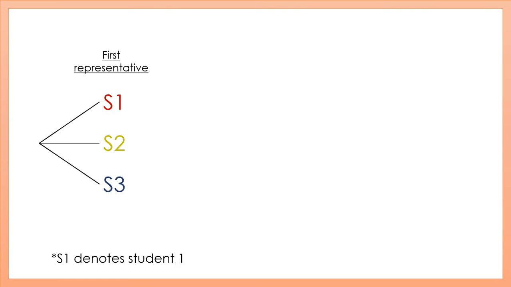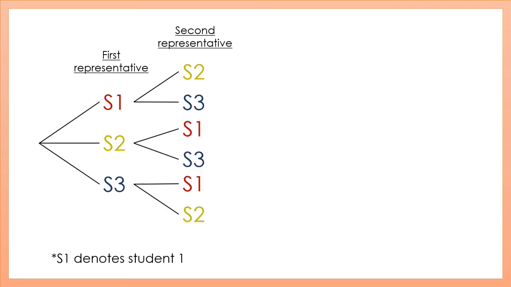We can use tree diagram to help us in this example. For the first representative, we have 3 choices: student 1, student 2, or student 3. S1 denotes student 1. After choosing student 1, the second place can be filled with S2 or S3. So there are two ways to fill. Same goes to the other situation.